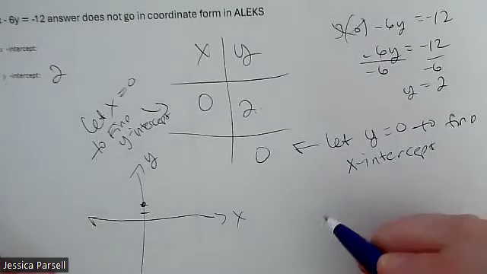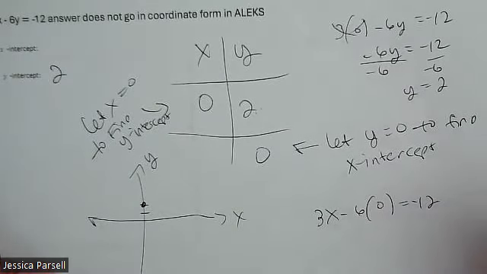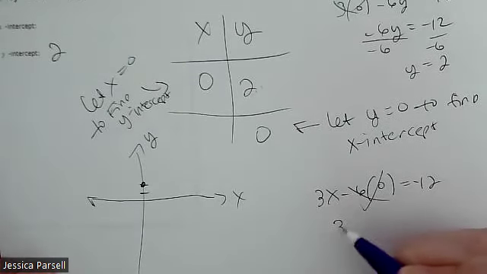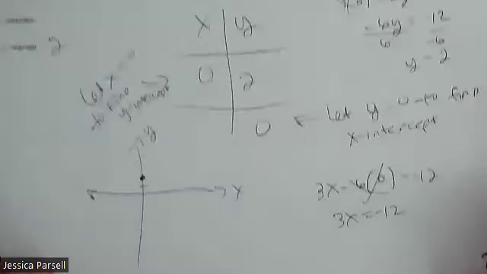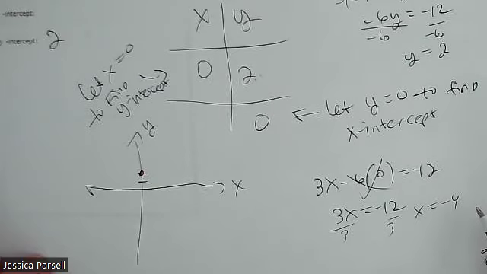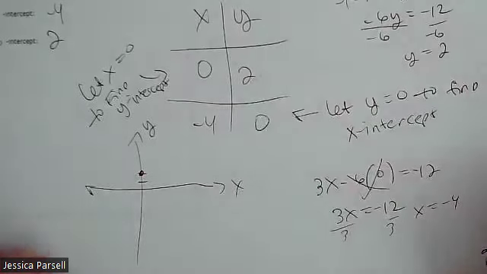So we're going to do 3x minus 6 times 0 equals negative 12. Negative 6 times 0 cancels out, so 3x equals negative 12. Divide by 3. So you've got to have some algebraic skills there. x is negative 4. So the x-intercept is negative 4.